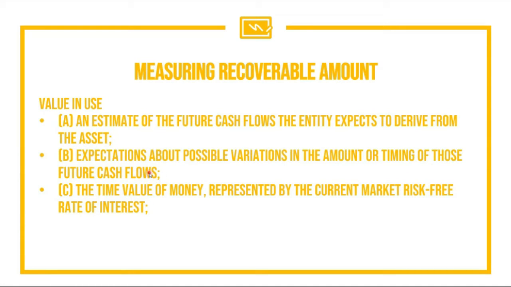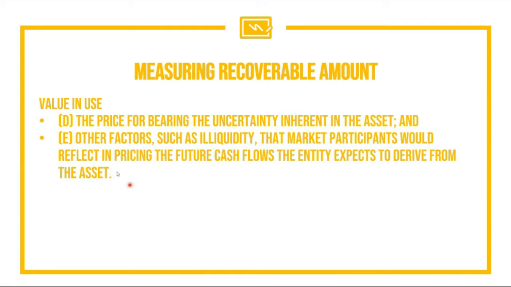So meaning present value is involved. That's why the time value of money represented by the current market risk-free rate of interest is also considered. Letter D, the price for bearing the uncertainty inherent in the asset, and other factors such as illiquidity, market participants would reflect in pricing the future cash flows the entity expects to derive from the asset.